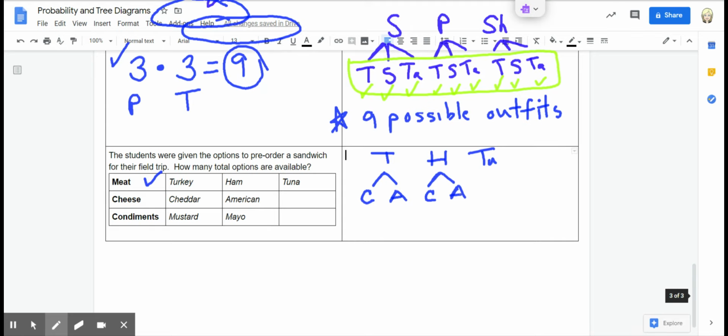And then with the tuna, you do the same thing. And they only gave us 2 options there. And then off of each of those, we had mustard or mayo. Mustard, and I'll do an MA for mayo.